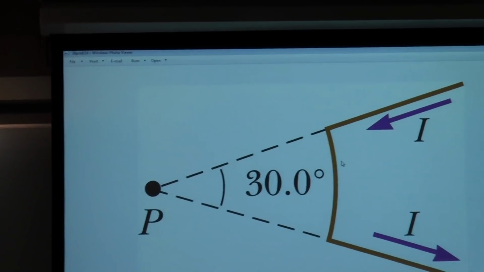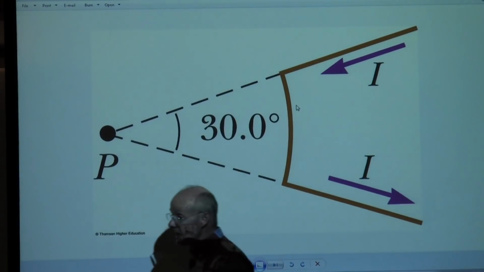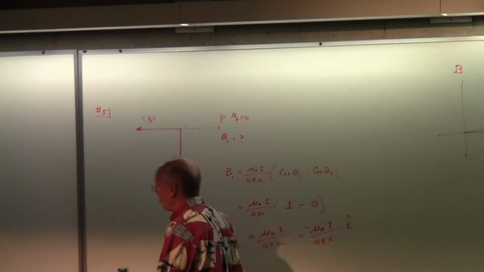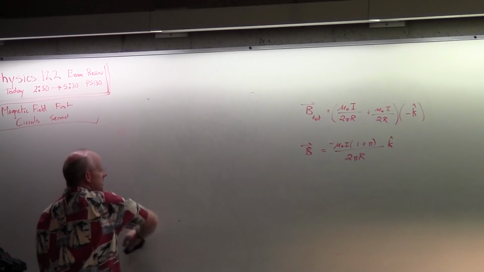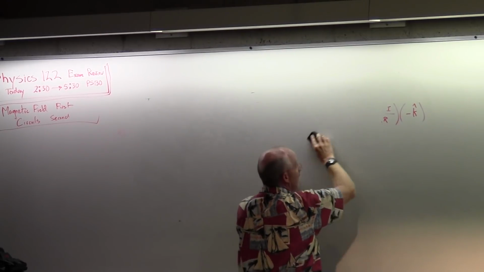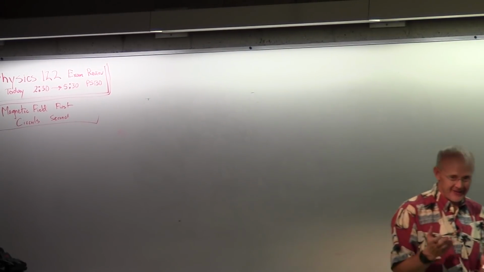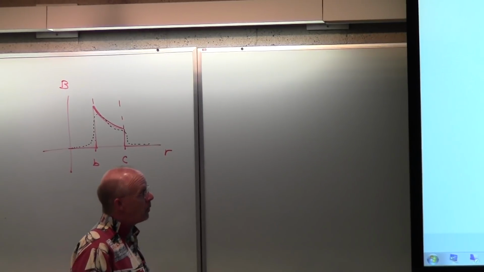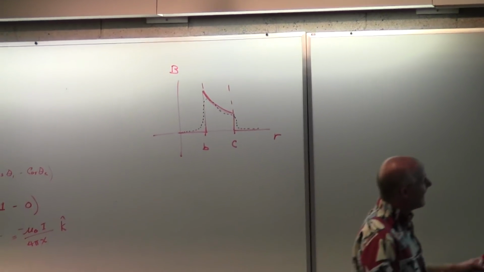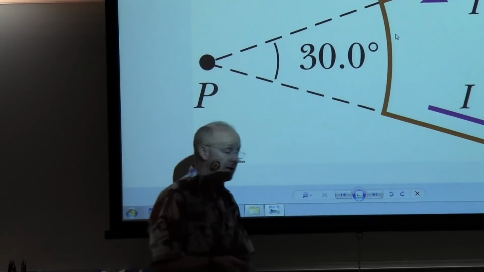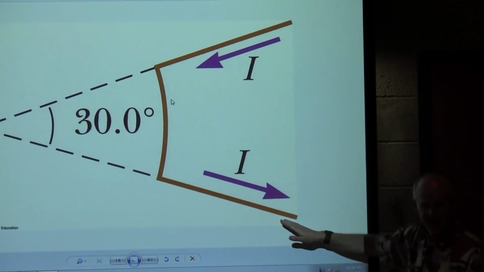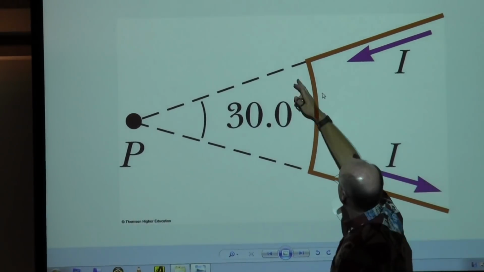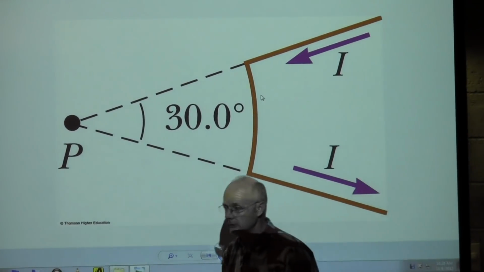Number 10, and maybe we'll shift gears to do something else, but here's a nice one too. Same real effect. Here again, I have something at point P, and I want point P to be either minimum in its influence, or maybe a lot of its influence, or maybe I want to control the influence by putting a current. Because if I design it this way, you can see at point P how much magnetic field at point P do I get from this wire that's coming in? 0, exactly. And this wire coming out? 0. And the magnetic field then is affected really by this small arch, right?